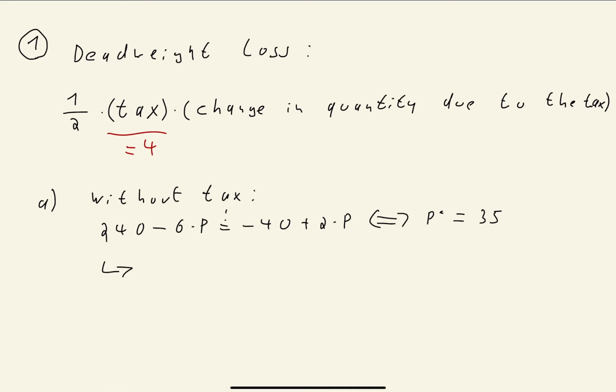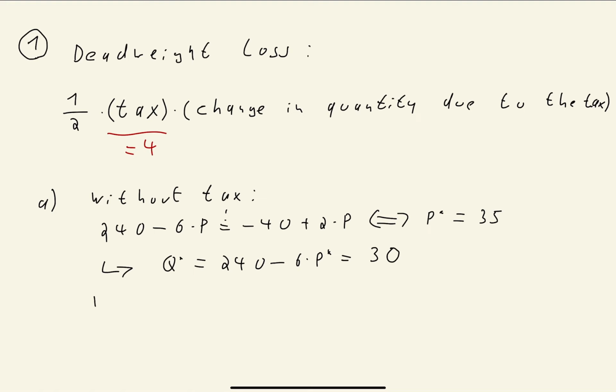Now if we enter this equilibrium price in either the supply or the demand function, let's do it with the demand function: Q star is equal to 240 minus 6 times P star, which gives a quantity equal to 30. So this is the equilibrium quantity without tax.